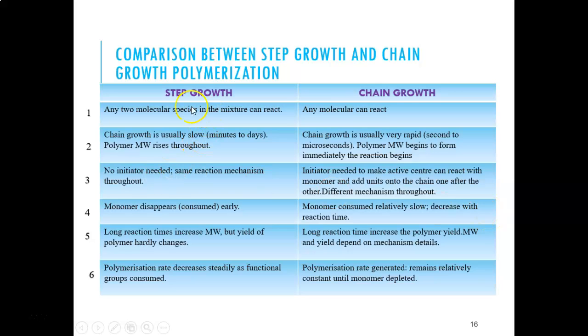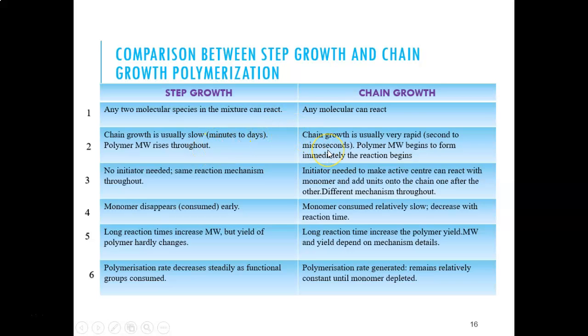Any two molecular species in the mixture can react in step growth polymerization, while in chain growth, any molecule can react with itself in the presence of the initiator. In step growth polymerization, chain growth is usually slow and polymer molecular weight rises slowly.